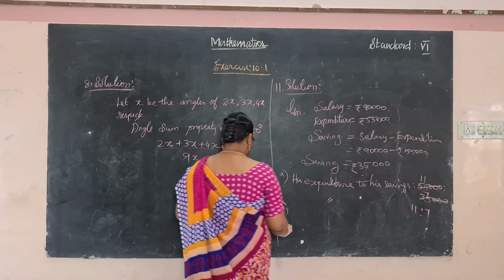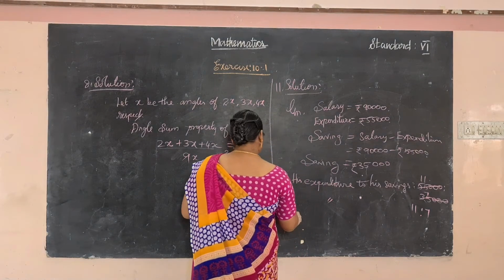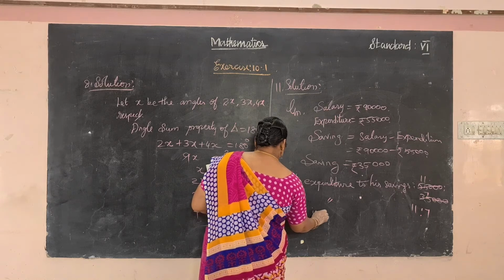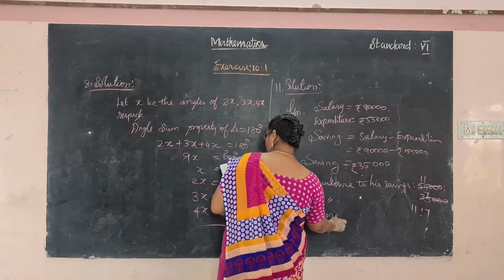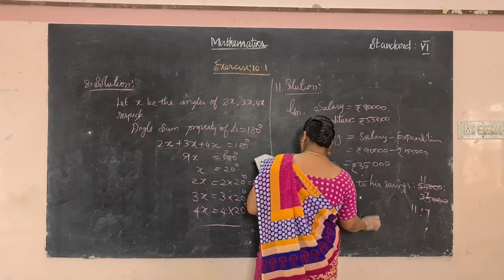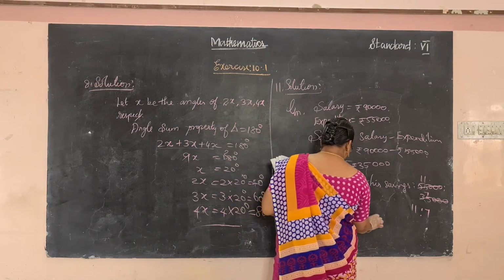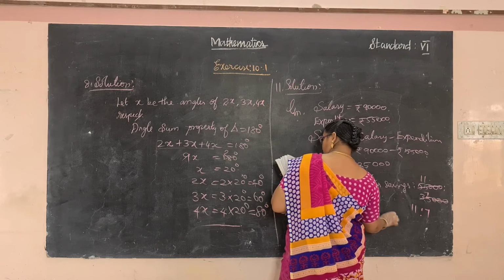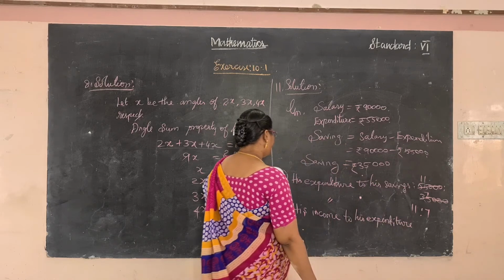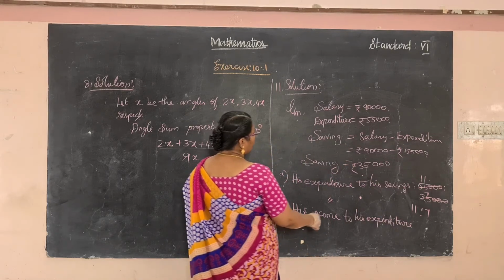B, his income to his expenditure. How many rupees is the income?